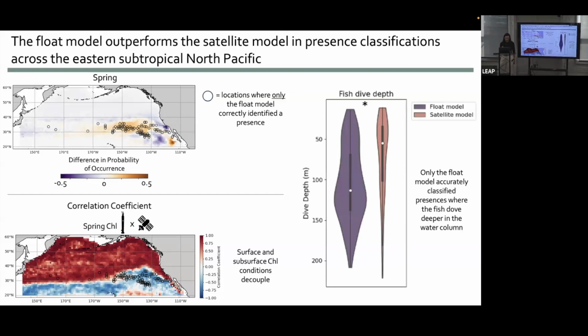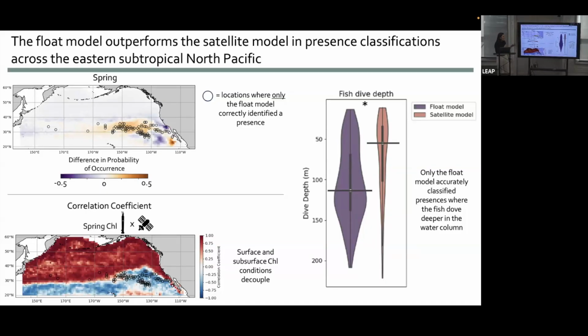we're comparing violin plots of dive depths for fish that were classified correctly by each model. So we see that the float model in purple on the left classified presences where the fish dove significantly deeper in the water column compared to the satellite model. In general, the float model identified presences where the fish dove on average around 100 meters in the water column, whereas the satellite model identified presences where the fish were diving only to about 50 or so meters.